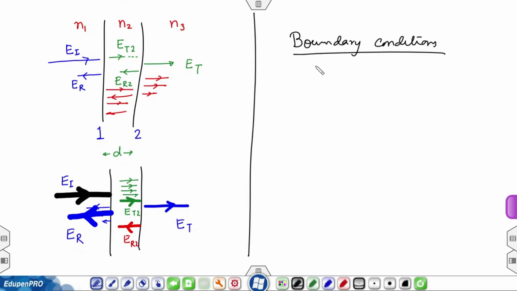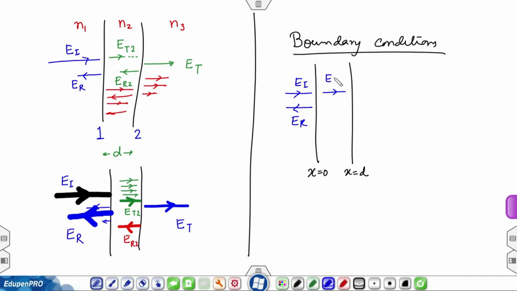To apply those, I have one surface at x equals 0, the other one is at x equals d, and I have to have two sets of boundary conditions, one on the x equals 0 boundary, one on the x equals d boundary. So, on the x equals 0 boundary, I have EI, ER going out, then I have E transmitted, ET2 plus ER2.